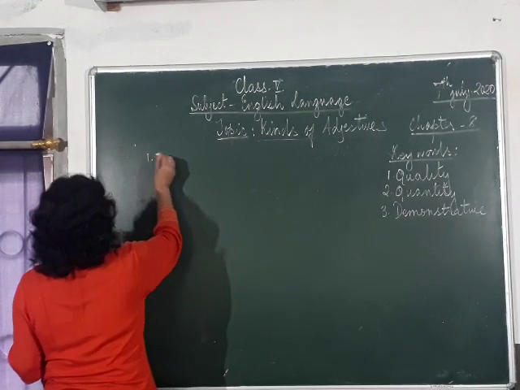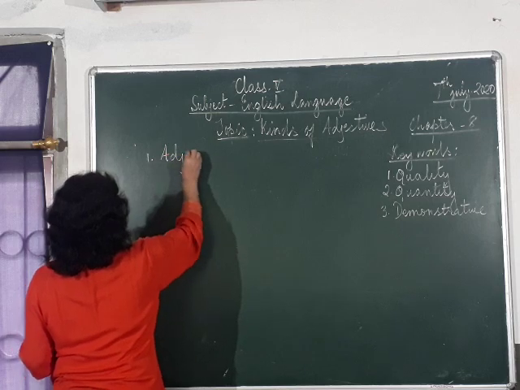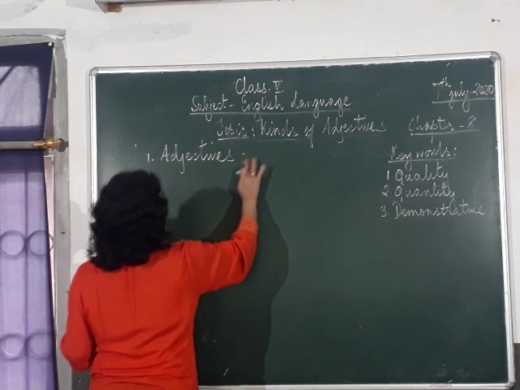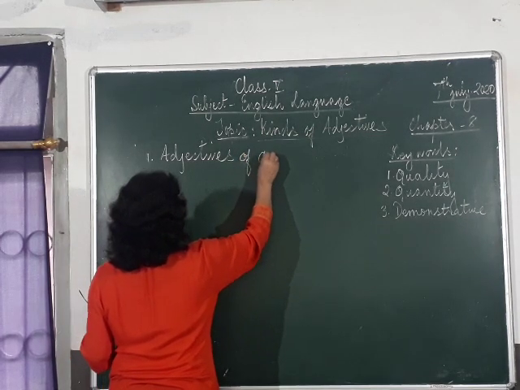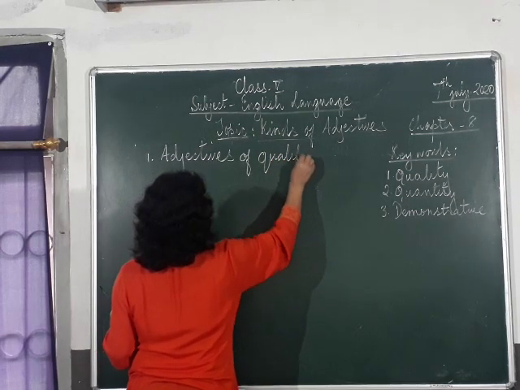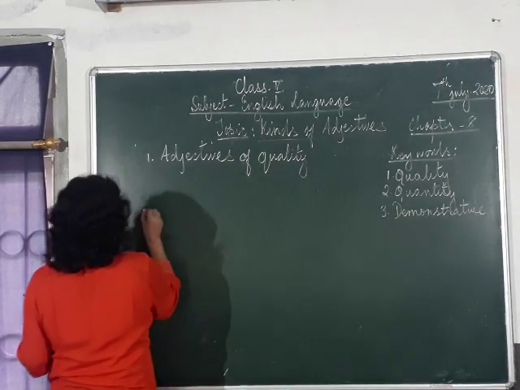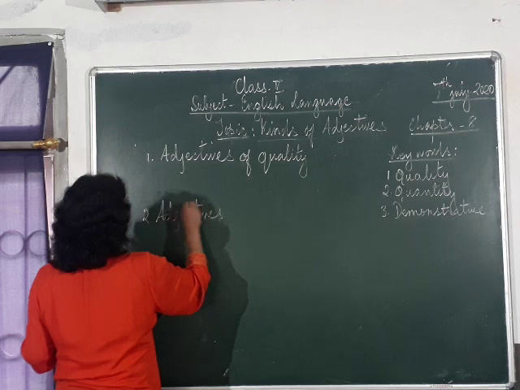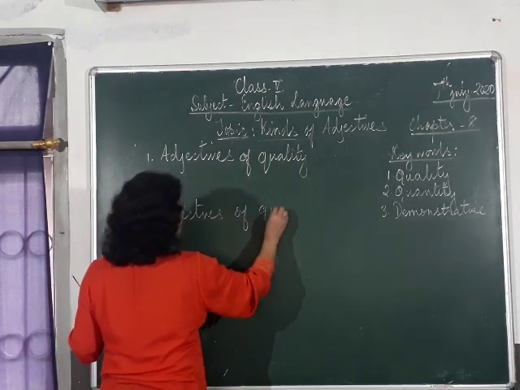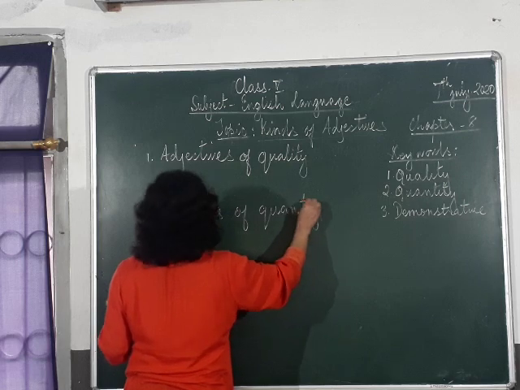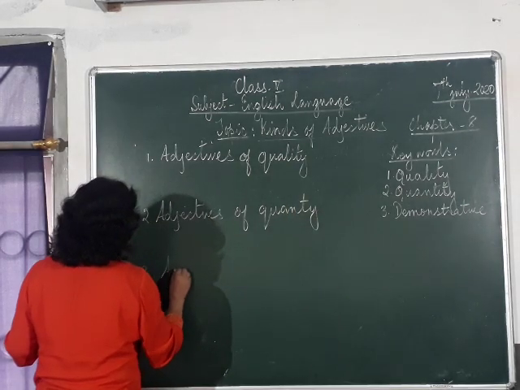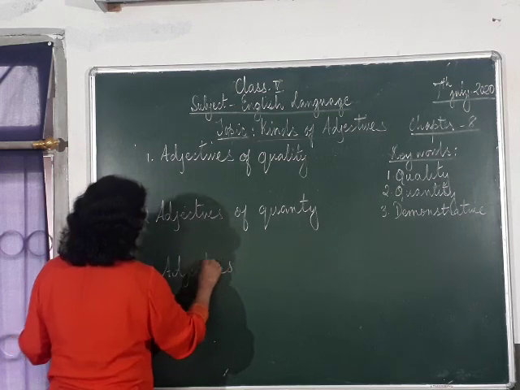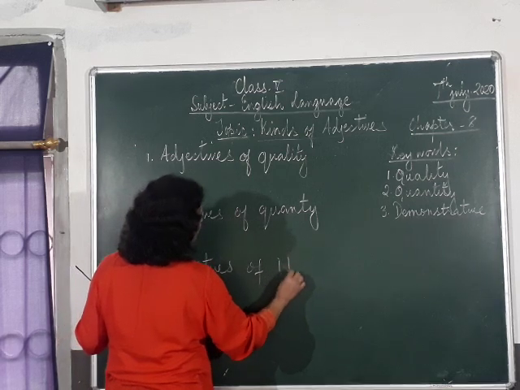I'll write the names of the adjectives. Number 1, adjective of quality. Number 2, adjectives of quantity. Number 3 is adjectives of number.